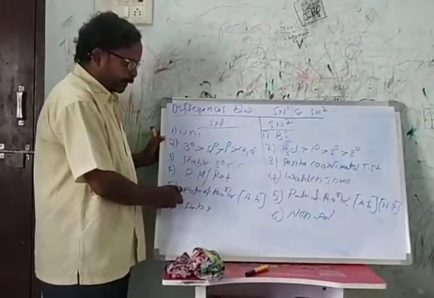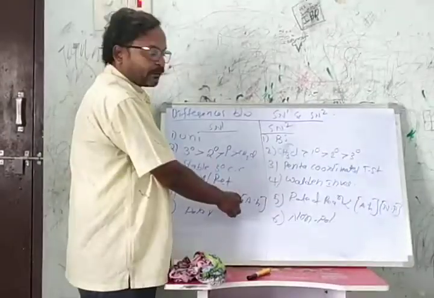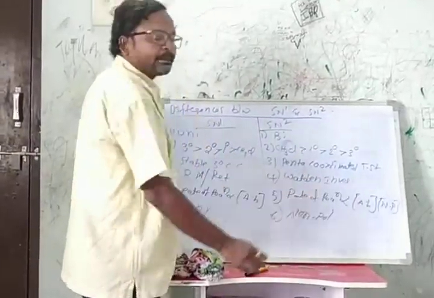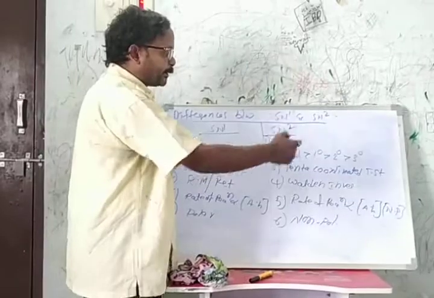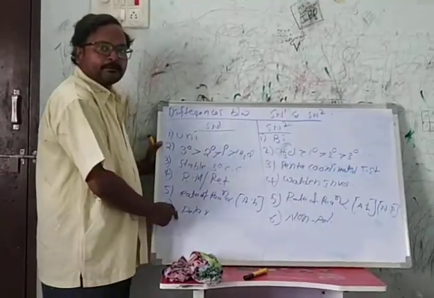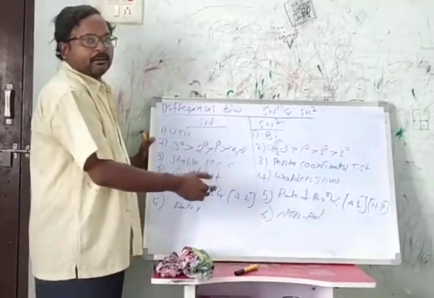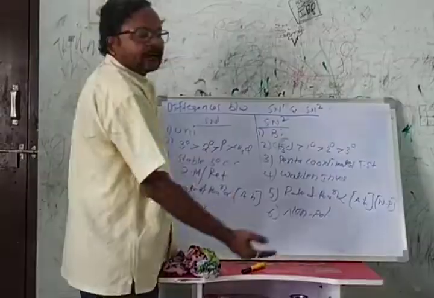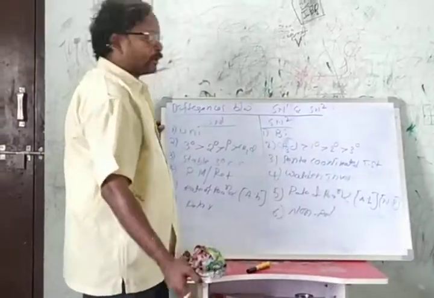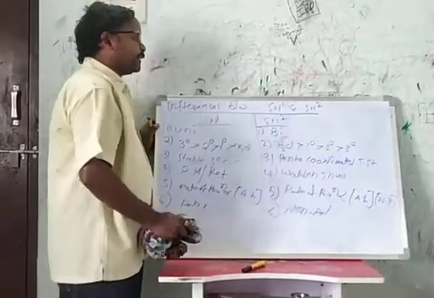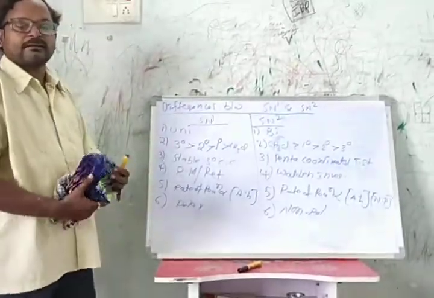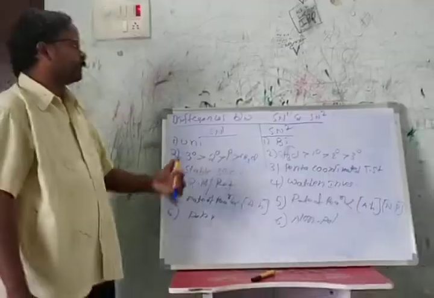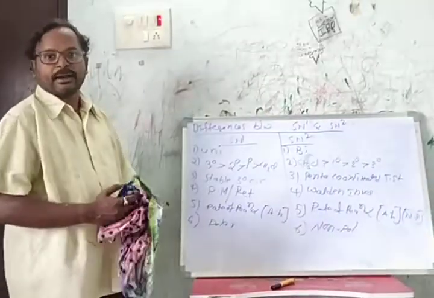SN1 rate depends on the concentration of alkyl halide; SN2 rate depends on alkyl halide and nucleophile. Polar solvents like water and acetic acid suit SN1, and non-polar solvents like benzene, ether, toluene suit SN2. These are the differences between SN1 and SN2 reactions.